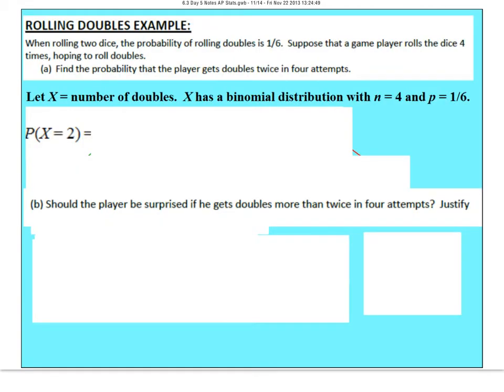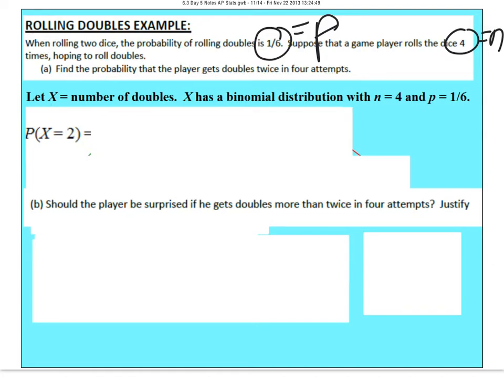Let's go back to the rolling doubles, and we're going to do this using this new formula versus really thinking through it. So we're rolling the 2 dice, we're looking for doubles, probability of success is 1/6, right? So that's p. We're rolling the dice 4 times, so that is our n, our number of trials. They want us to find the probability the player gets doubles twice in 4 attempts.